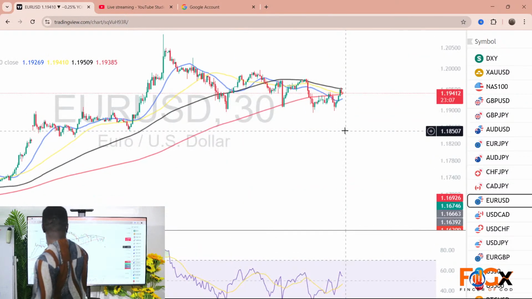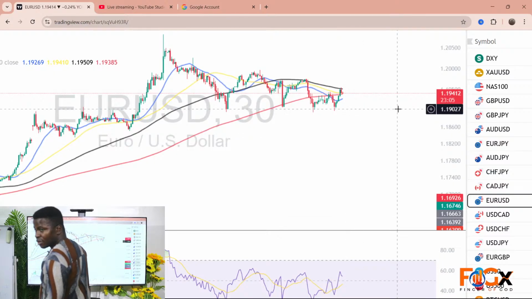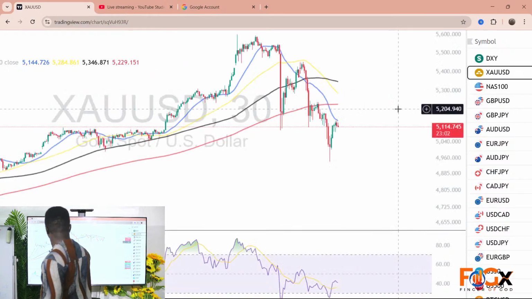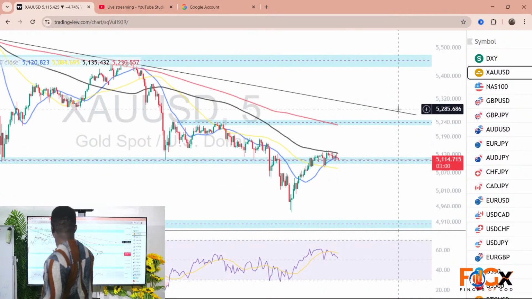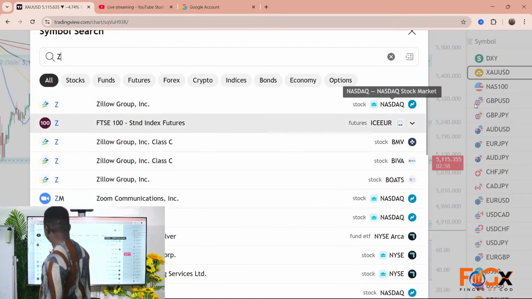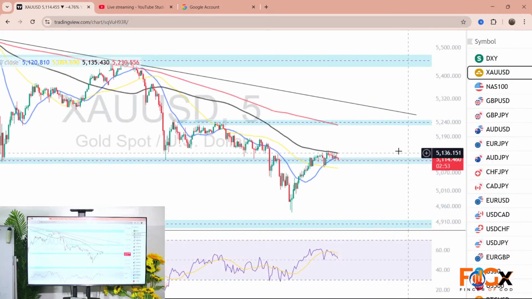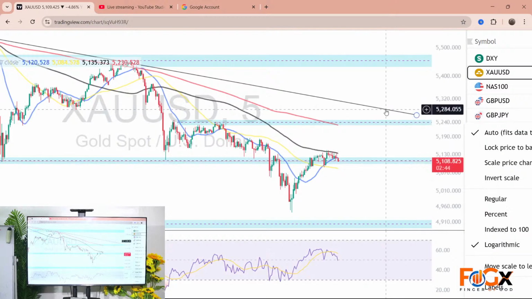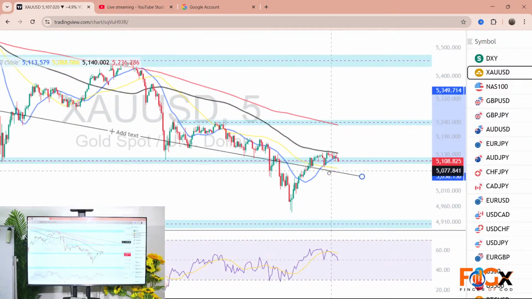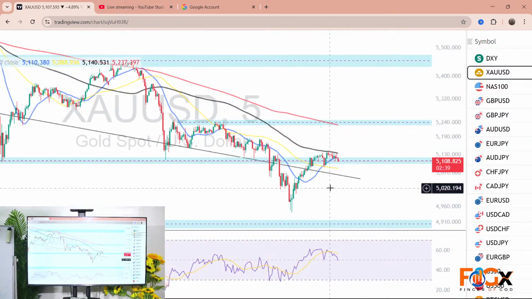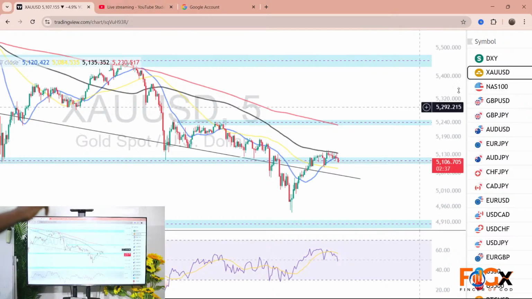Press Ctrl Z. What happened now? You have tampered with the chart.